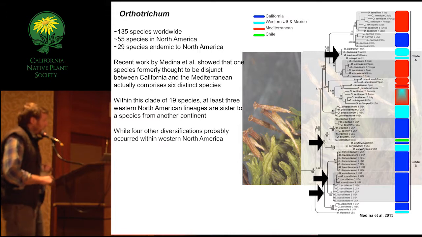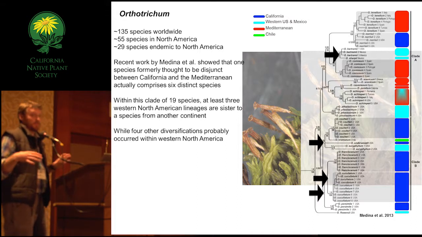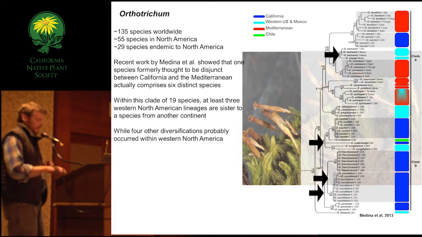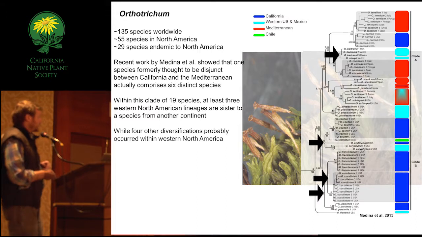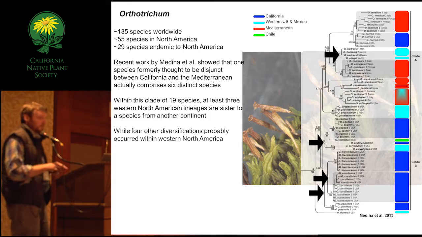And then on the other hand, you also have at least 4 cases where we have more local divergence. And by local, I mean just within Western North America, more typical of what you would see with a vascular plant. So in this case, you have a Western North American species sister to another Western North American species.